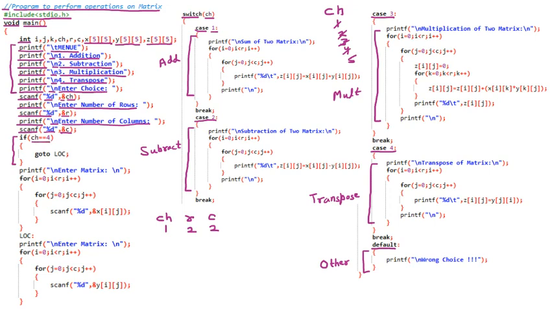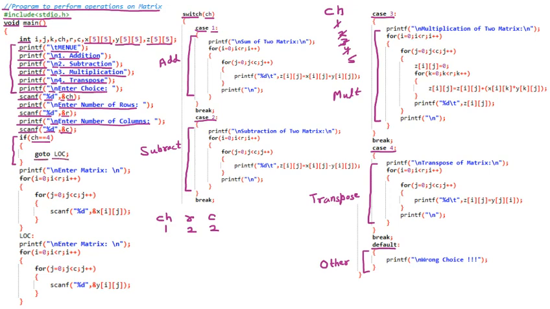Why? There is a reason. Now guys, the simple thing is that for addition, subtraction and multiplication we need 2 matrices, because addition can be between 2 matrices, same for subtraction and multiplication, but transpose can happen with 1 matrix. That's why if the transpose is asked, meaning the user is asking for the 4th choice, and if the choice is 4, we have mentioned a goto location.